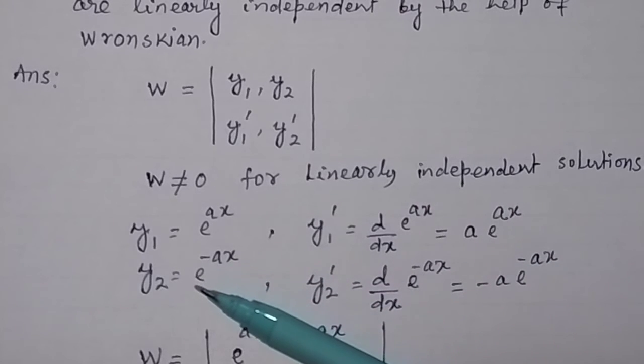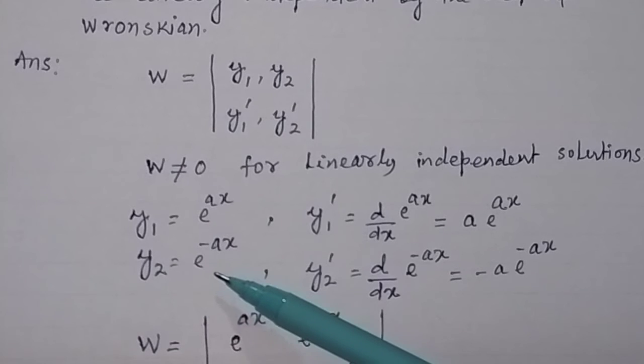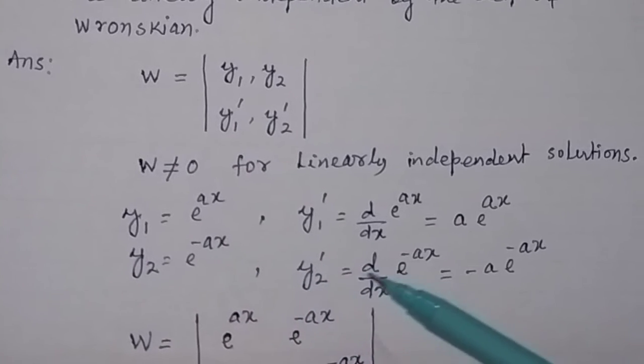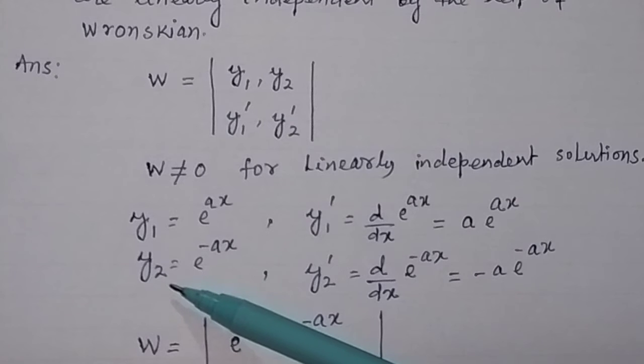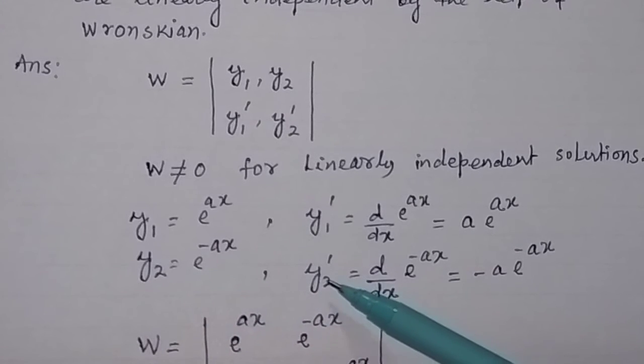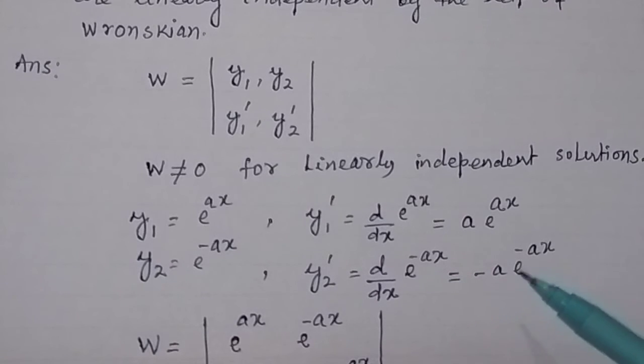Similarly, the second function is y2 equal to e to the power minus ax. So its first derivative y2 dash, the derivative of e to the power minus ax with respect to x, is equal to minus a e to the power minus ax.